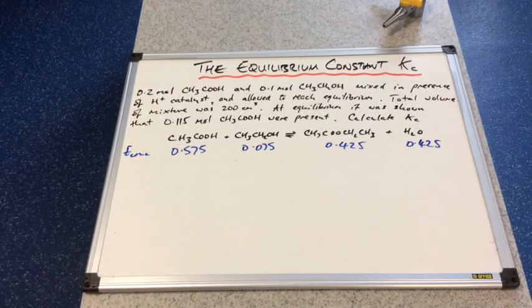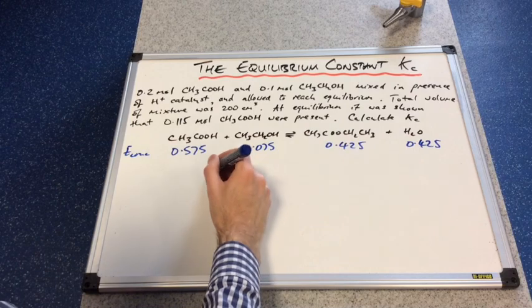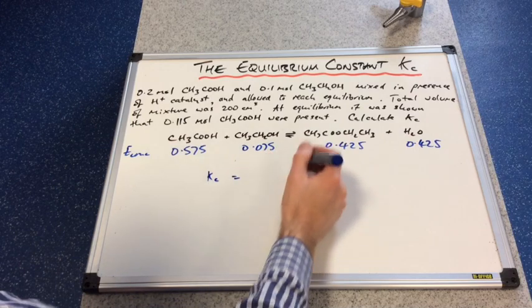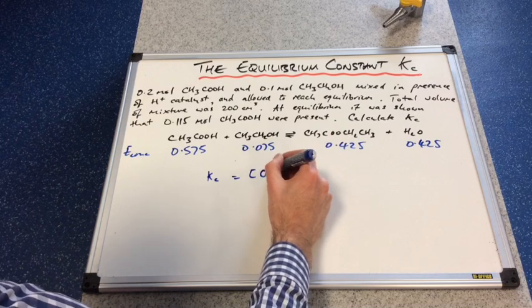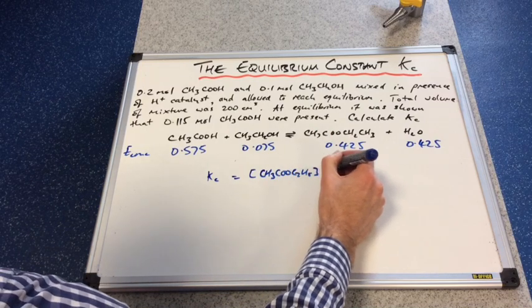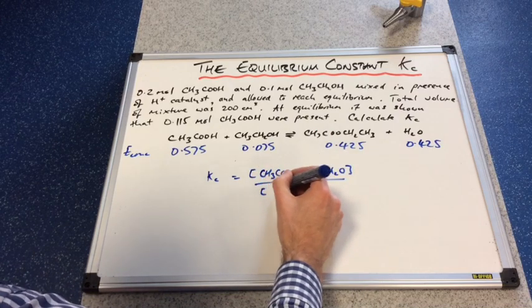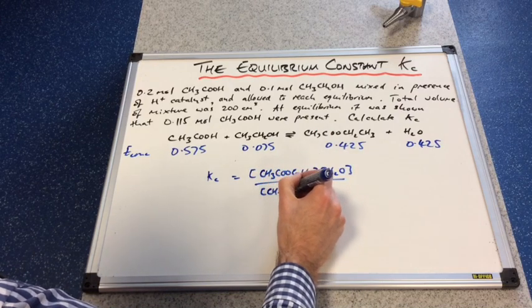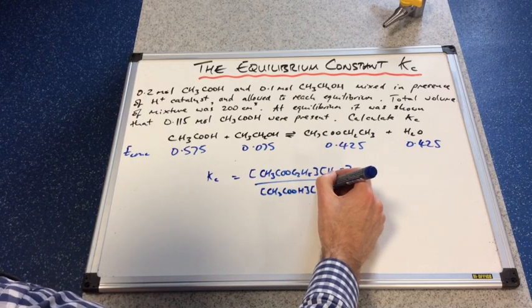So we're ready to calculate Kc now because we've got all the equilibrium concentrations. If we write down the expression for Kc, it's the equilibrium concentration of the ester, CH3COOC2H5, times the water concentration, all over the acid concentration. No powers needed here because everything's balanced with a 1.